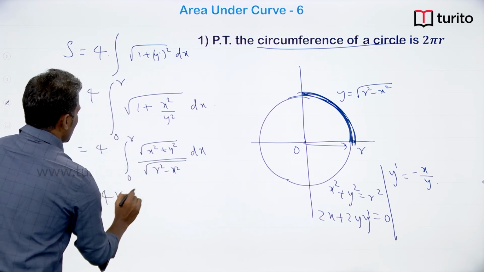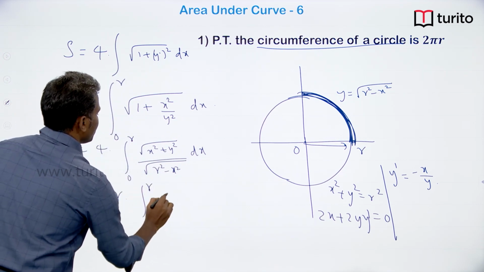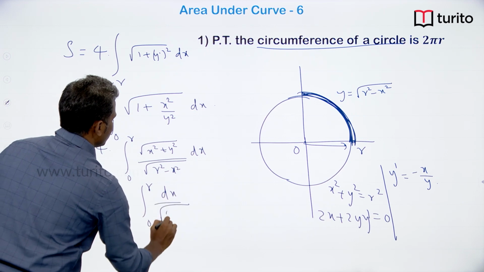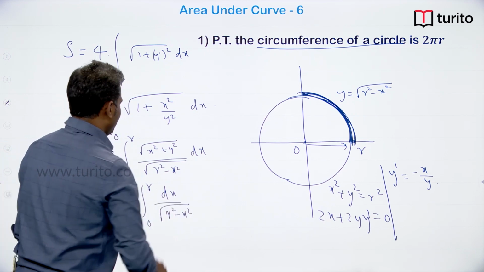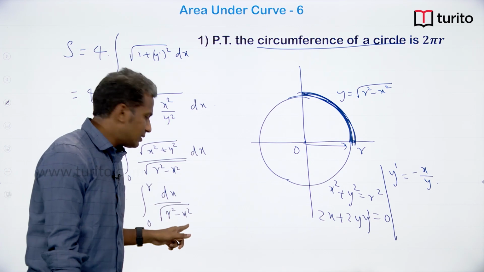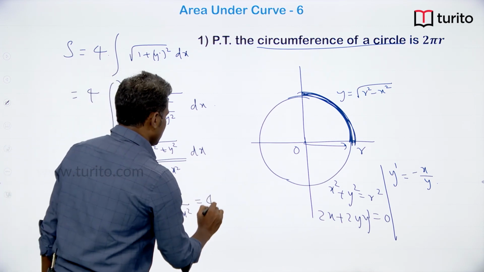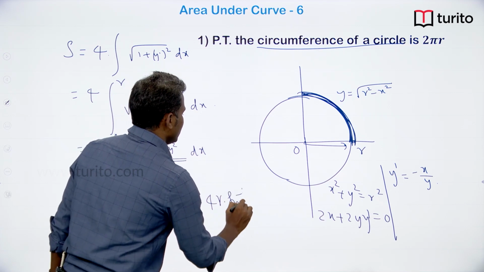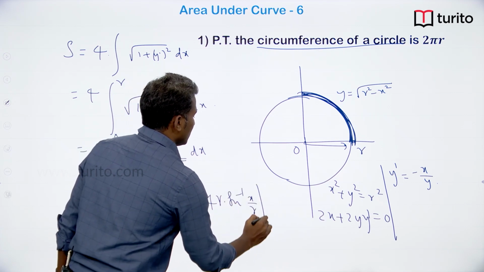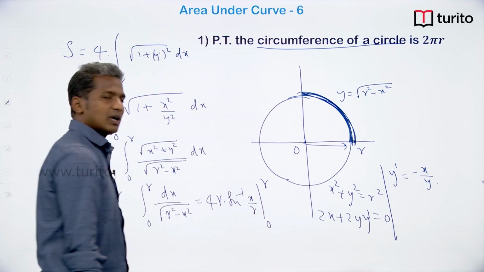So we will get 4r into integral 0 to r dx by root of r square minus x square. We know this standard integral, this is sin inverse of x by r. So we can write this as 4r into sin inverse of x by r going from 0 to r.